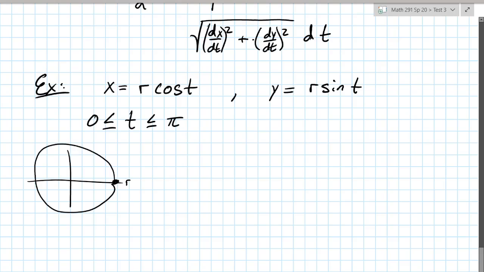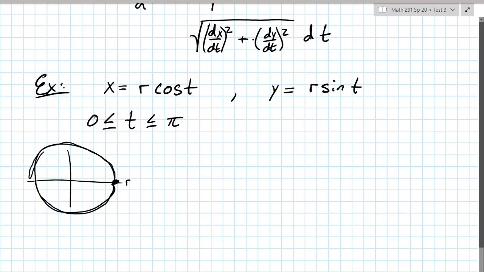It's important to point out that our integral is going to go from 0 to pi. If we go from 0 to 2 pi, what's going to happen is we're going to end up with double the surface area because the top part will sweep out the whole thing, and then the bottom part will also sweep out that same area.